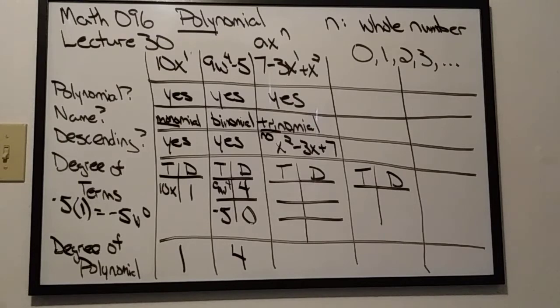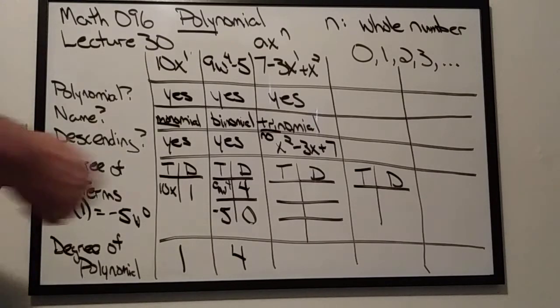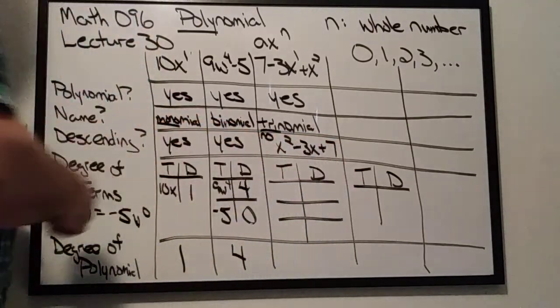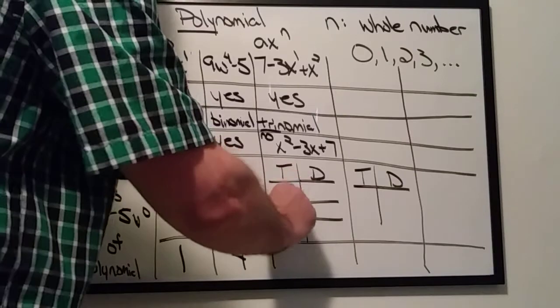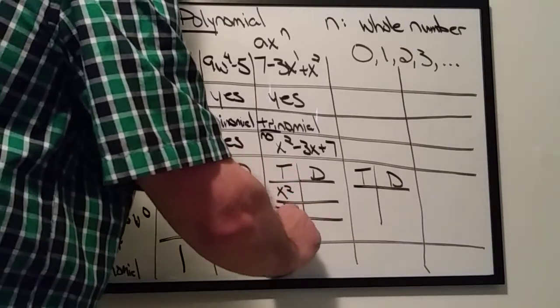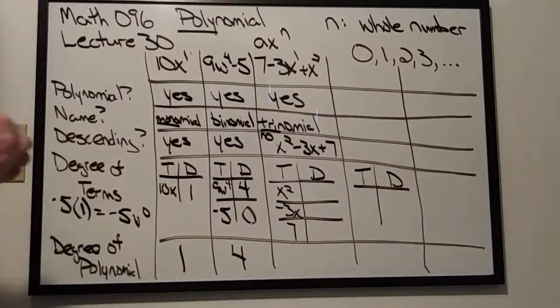So now that I have that, I can go ahead and talk about the degree of those 3 terms. So I'm going to go ahead and choose to write down my terms in the order that they are in descending order there. So I have an x squared, I have a negative 3x, and I have that positive 7. The degree, once again, for a polynomial in one variable is simply the power on the x.